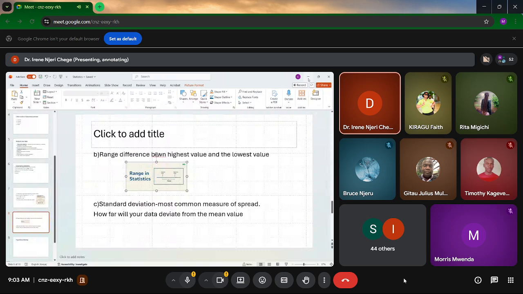Now variance, let me just write it here so that you can see it. Variance, we used to say, it's just a measure of variability.